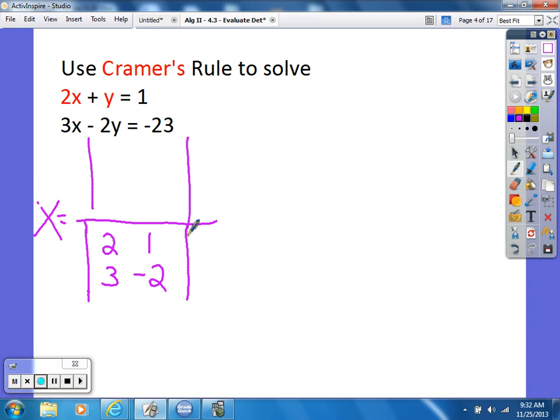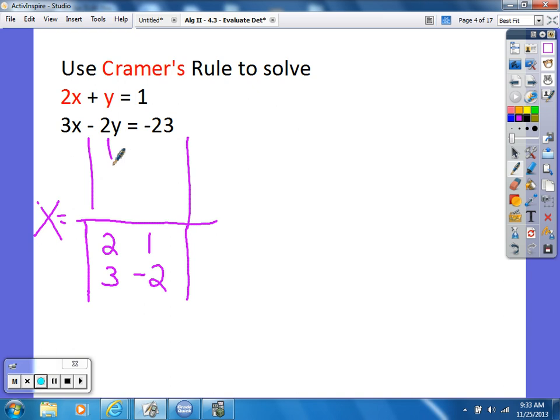Now, on top, I'm going to write another 2 by 2 matrix. But what letter am I looking for? X. I'm going to replace the X column with the numbers that this is equal to. So the 1 and the negative 23. I like to call those my answers.